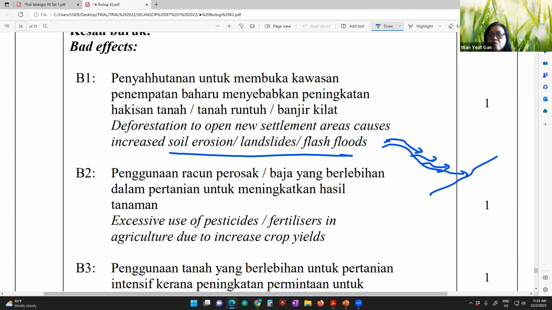And all this soil will flow into the river, and that causes the shallowing of the river. And the immediate effect is that every time it rains, it will cause flash floods. Next is excessive use of pesticide, which has a bad effect on plants and on pollinators.